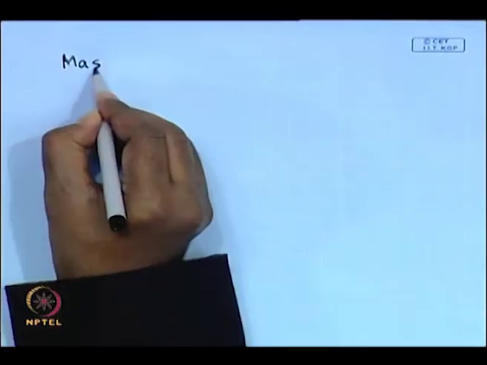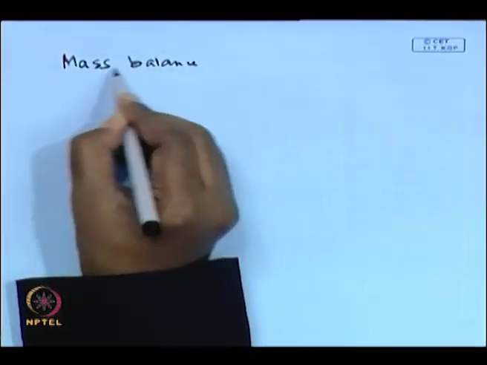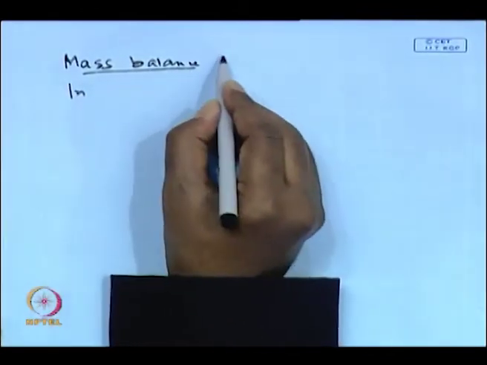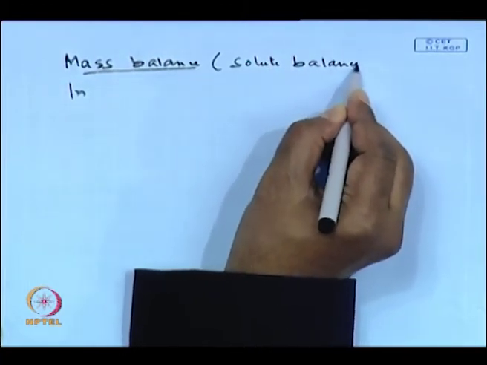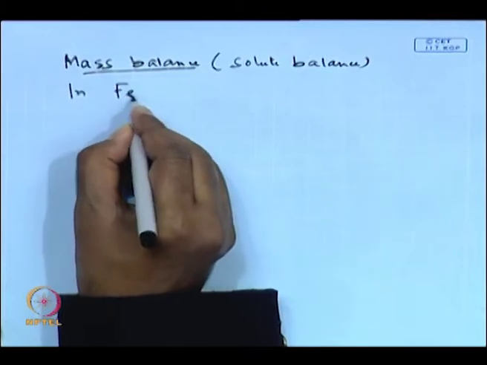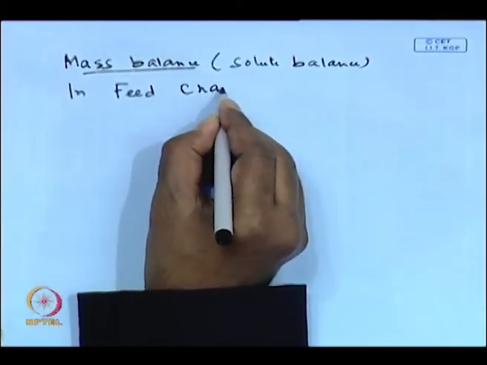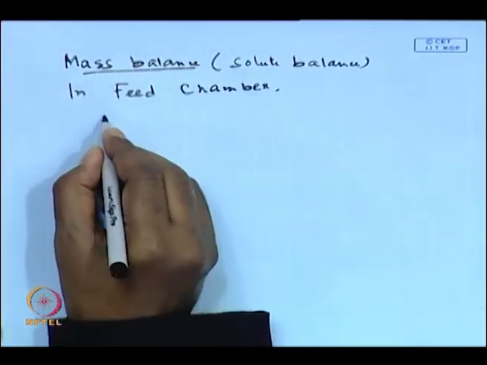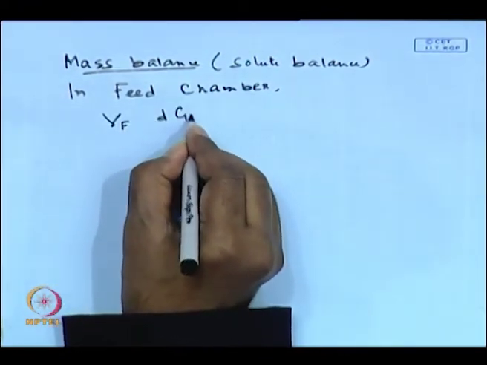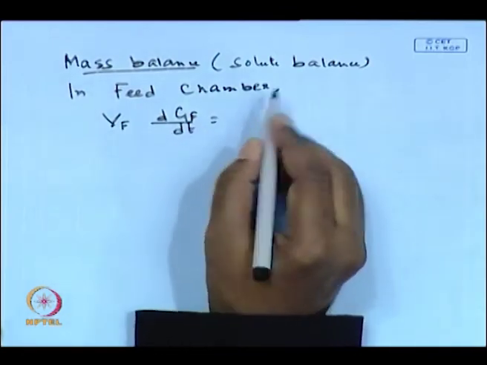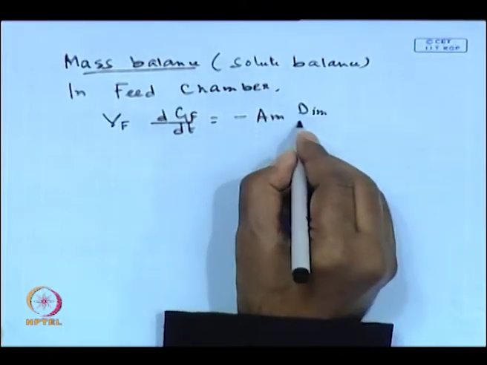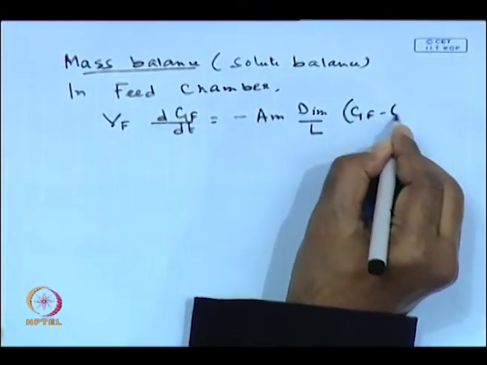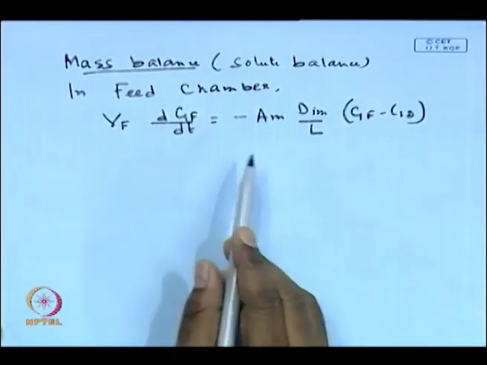Now, what we will do? We will write a mass balance equation in the feed chamber. Mass balance means a solute balance basically. In the feed chamber, Vf dC1F/dt is equal to minus Am Dim/L times (C1F minus C1d). 1 represents the aniline concentration.